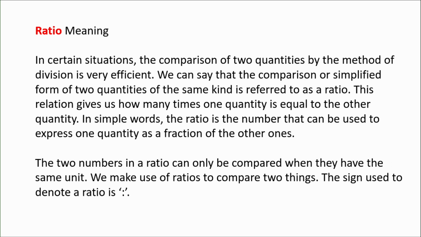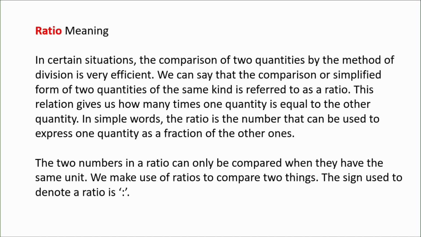We can say that the comparison, or simplified form, of 2 quantities of the same kind is referred to as a ratio. For example, 20 rupees and 100 rupees. When you compare 20 rupees with 100 rupees, 20 is 1/5 of 100 rupees. So the ratio is 1:5, correct.